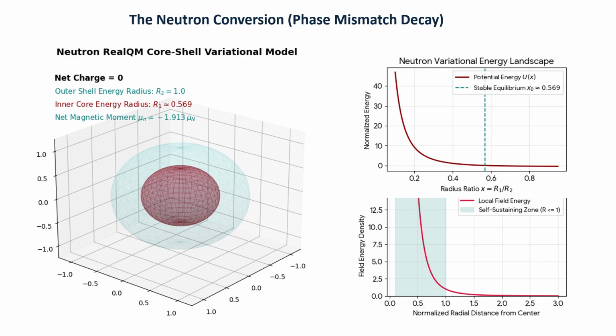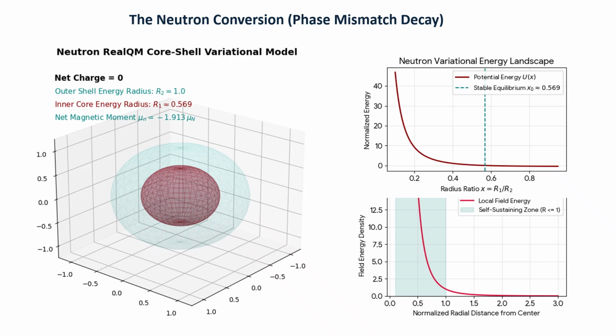The normalized radial distance from the center is more or less the same graph. We have that green bluish zone where it is self-sustainable, between some definite positive radius and the normalized radius of 1. It's the self-sustaining zone where the two charges don't spin away from each other.